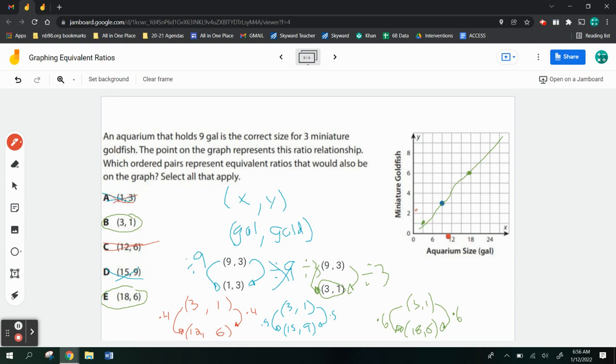C, 12, 6. 12, then up to 6 would be right here. That is not on the line, so C does not work. And then D, 5, 9 would have been right here. Is that on the line? Nope. So that's not an equivalent ratio. Just another option moving forward. We're going to speak on that a little bit tomorrow and the importance of that straight line.